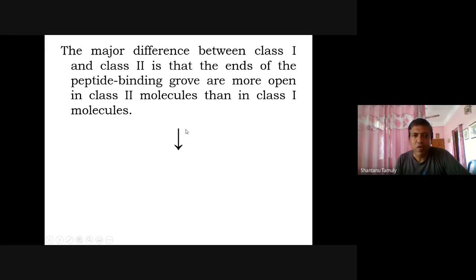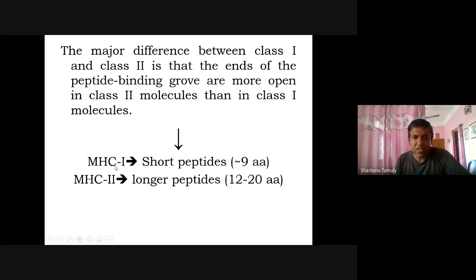As a result, MHC class 1 can bind only short peptides, those having only 9 amino acids. Peptides having more than 9 or 10 amino acids will not enter into MHC class 1. They cannot hold bigger peptides. MHC class 2 has the capability to bind longer peptides, of 12 to 20 amino acids.